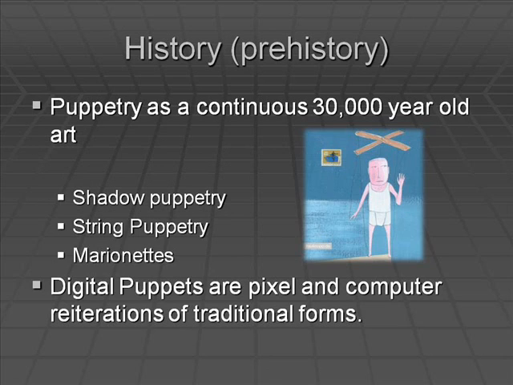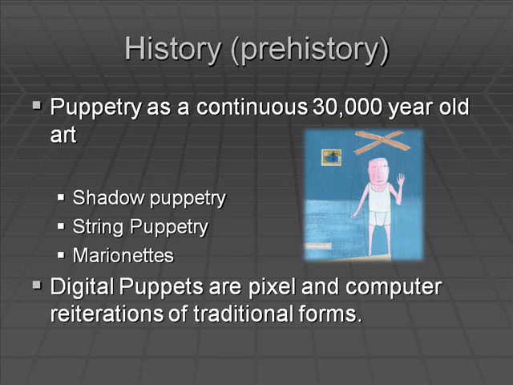What is the history? Well, the prehistory: puppetry is a continuous 3,000-year-old art form. Most of the basic puppetry types are shadow puppetry, string puppetry, and marionettes. The way in which string puppetry and marionettes are differentiated from each other is that string puppetry could be a single string or multiple.